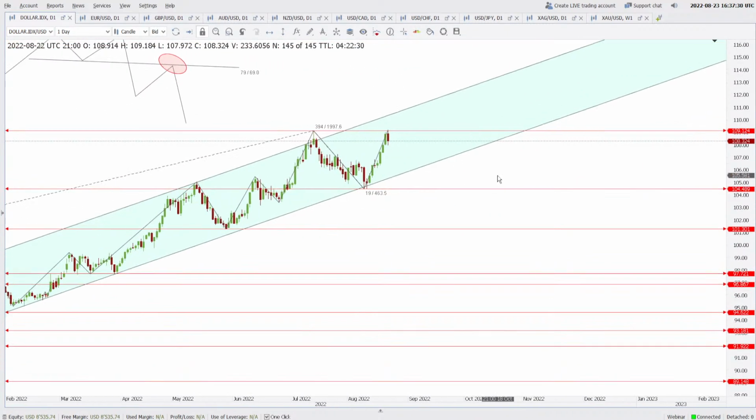Okay, so now you see that this is the resistance. 109.12 was the resistance as far as this daily candle of 13th of July from last month is concerned. So the price found resistance here, and pushed the price from 109.12 back till 104.48. So we can see that this gave us a support.